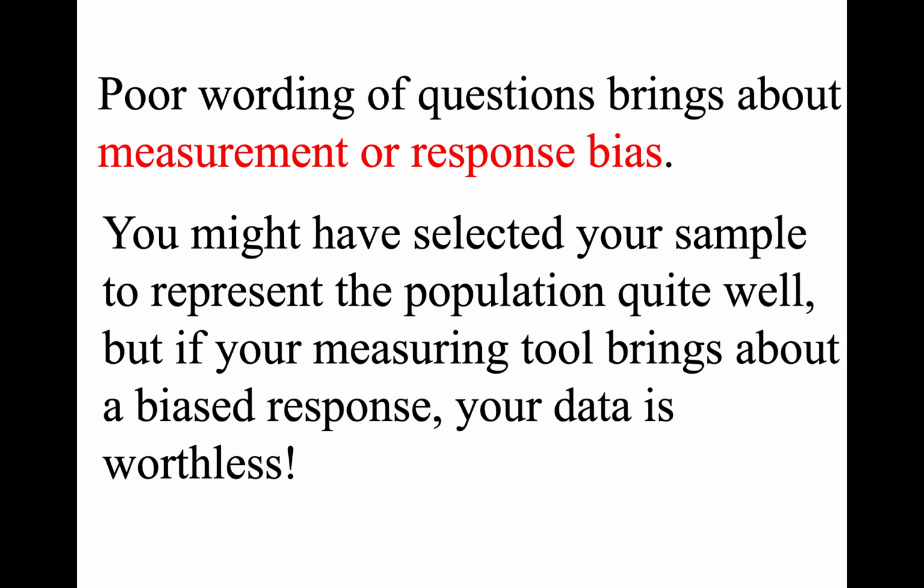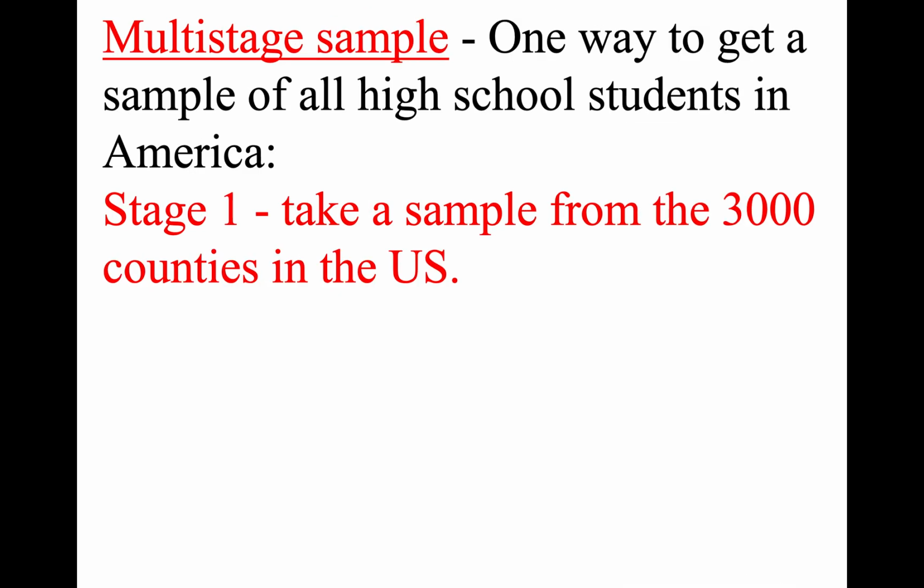So it's really important that your questions don't lead someone towards a particular answer. That's why it's called response bias, because people tend to respond a certain way because of the way the question is worded.